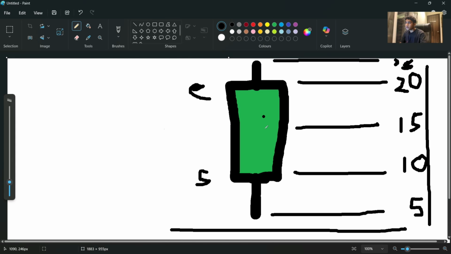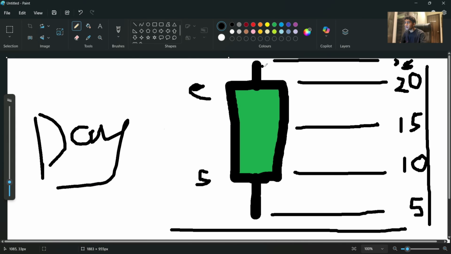And what are these two things? These are basically called wicks. Wicks mean what? This over here is the highest price which that particular stock, or the thing in the chart you have opened, has gone to in a particular day. If this is a day chart, then in the entire day the highest point it touched is 25.